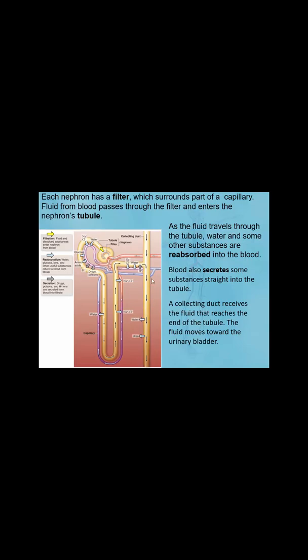So the first thing that we do here in the filtrate is we start taking some water and we reabsorb it into the bloodstream. We reabsorb some sodium chloride ions to make salt. We reabsorb glucose. We reabsorb certain amino acids. We basically get rid of drugs and poisons and filter them out into the filtrate.